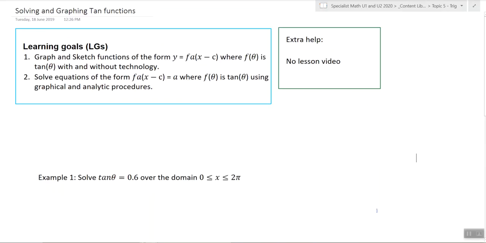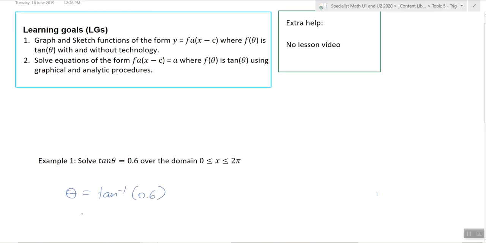Solving for theta, okay? So we've got tan theta equals 0.6 over that domain. So let's leave it as degrees, just for now.